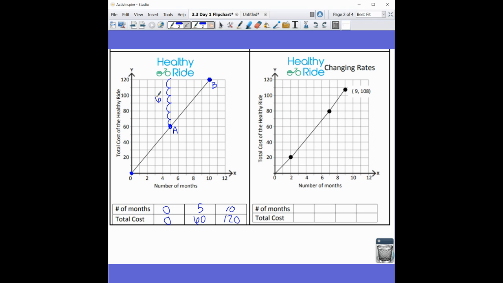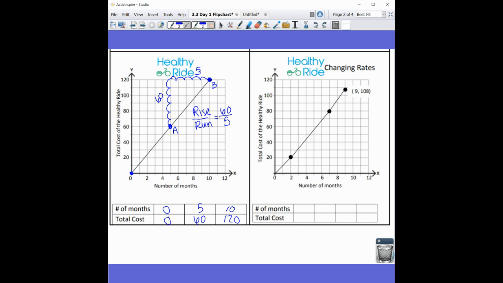By 10, 20, 30, so I have 60 as my vertical change. As my horizontal change, I have 1, 2, 3, 4, 5. So when I start thinking about rate of change, my rise over run is 60 over 5, which produces what?